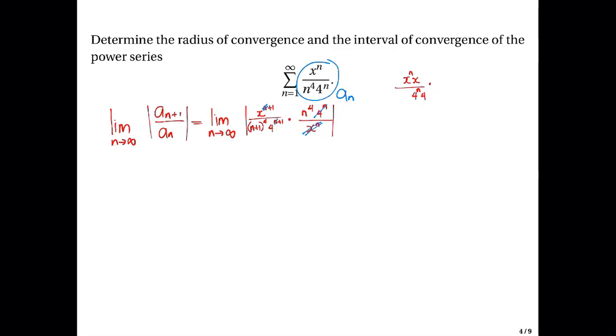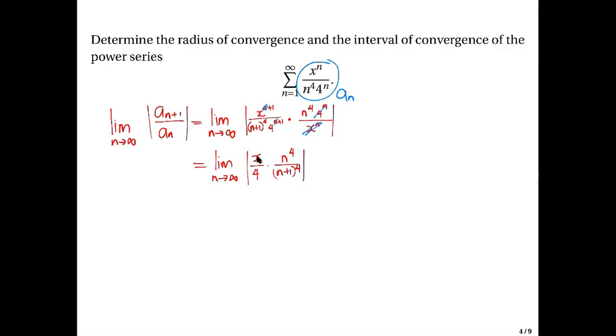So from there we do the cancellation, and what's left inside is the limit as n approaches plus infinity of x over 4, times n to the 4 over n plus 1 to the 4, with the absolute values.